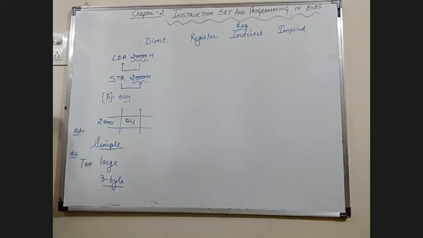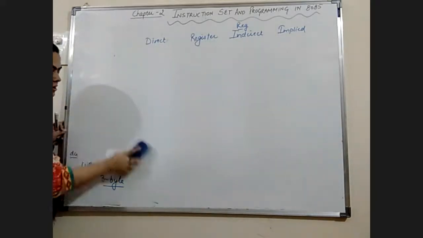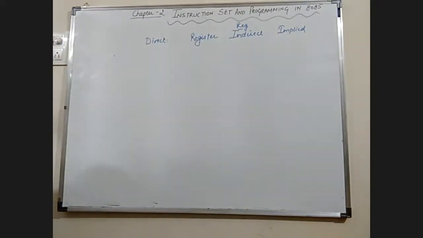Okay, now after direct addressing mode, the next type of addressing mode we have is the register addressing mode. Now students, in case of register addressing mode, the source and the destination operands are general purpose registers.